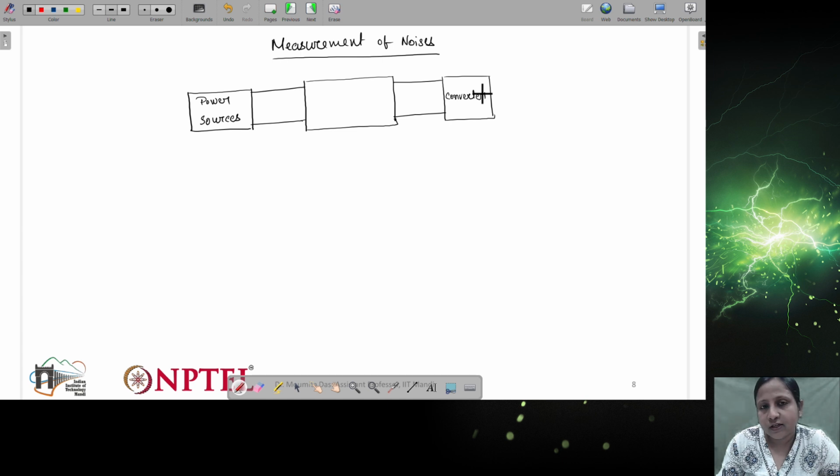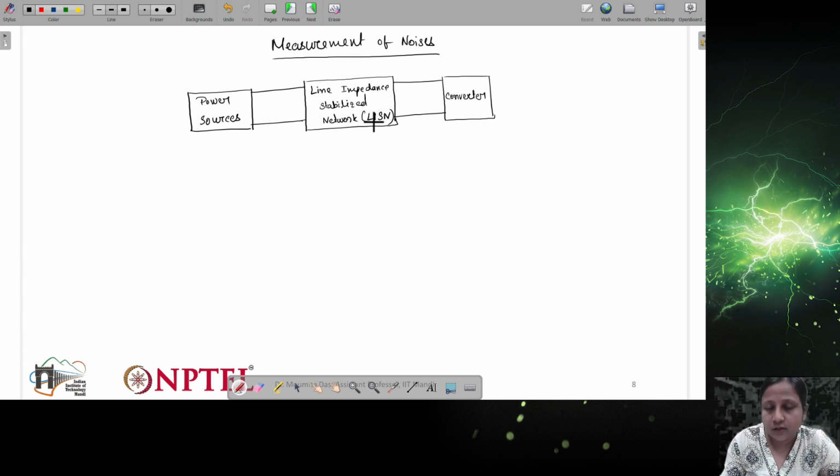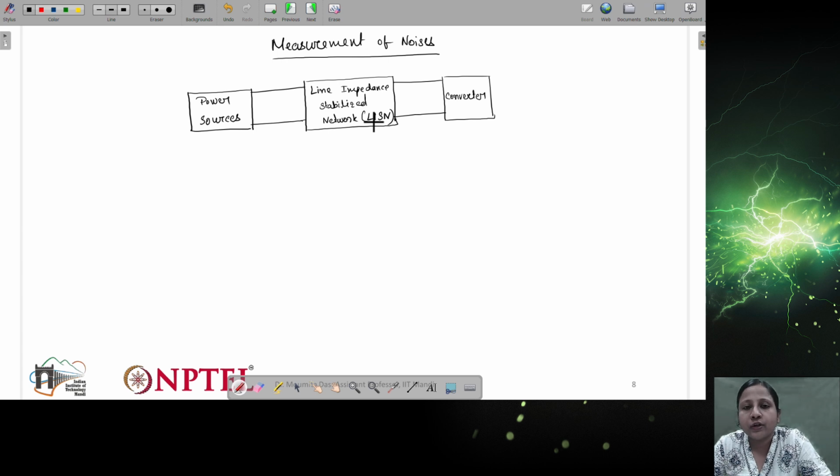What is this network? That is known as LISN, or line impedance stabilized network. So this network we have to place in between the power source and the converter.